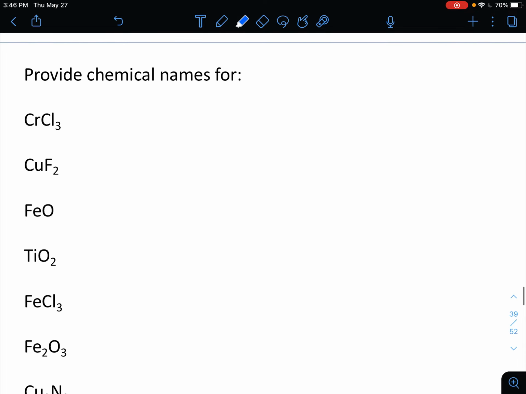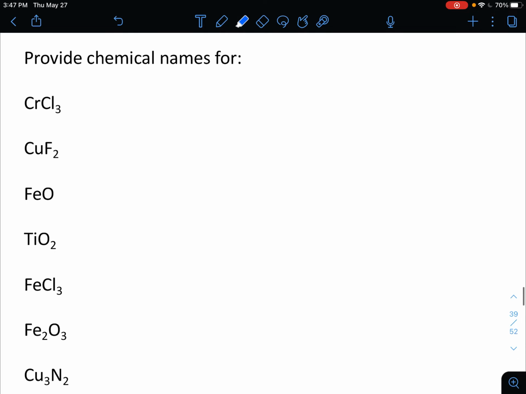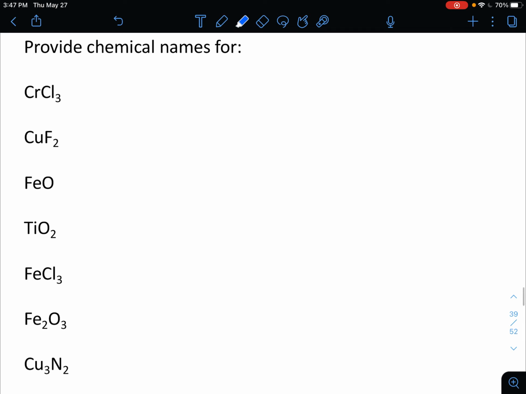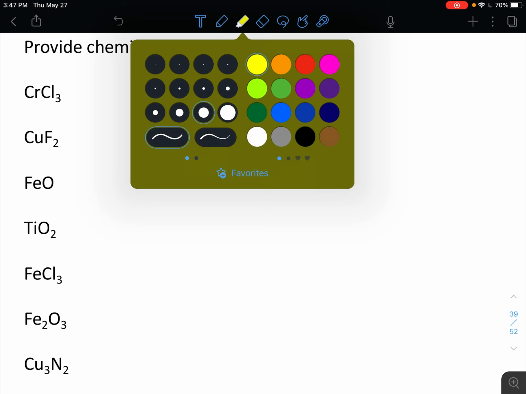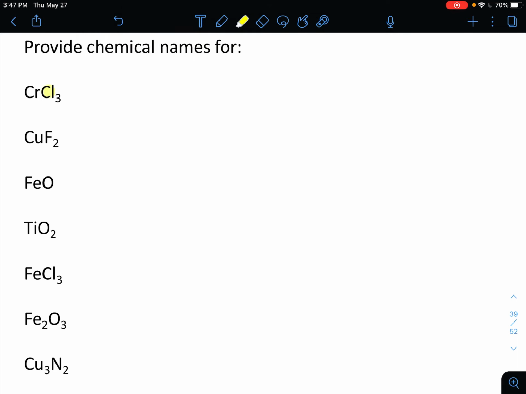So this requires kind of working backwards, so to say, to make sense of what's going on, and then you should be able to figure out how this all goes. So the approach that I have to these problems is I look at the anion, and that's Cl minus, and there's 3 of them, so that's -3.